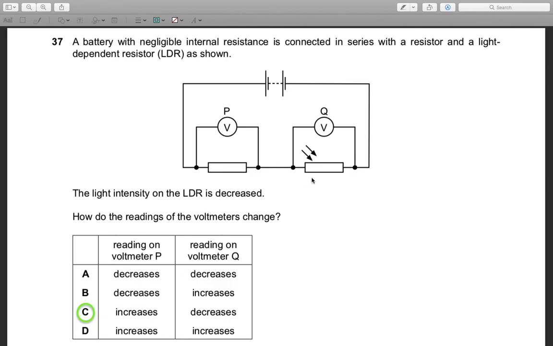Why? Because the resistance will be decreased, and the reading of the other voltmeter also. Oh, sorry, this will decrease, but the voltmeter increases, because this is decrease and increase. Why? Because the total voltage is constant. Yes, the answer is C.